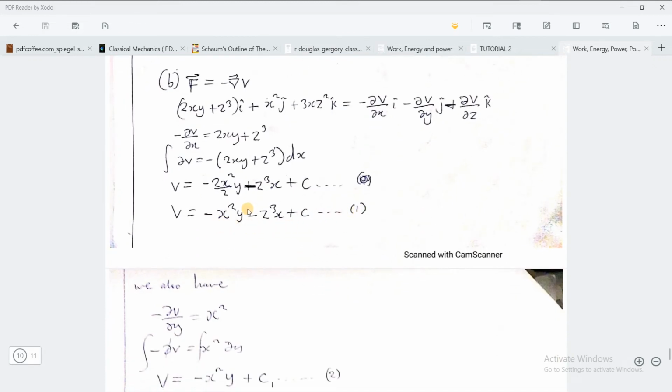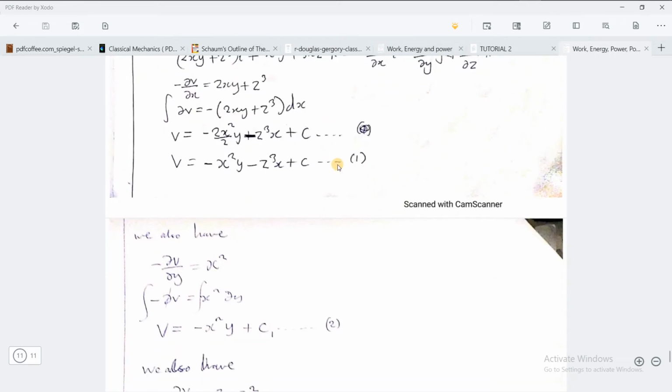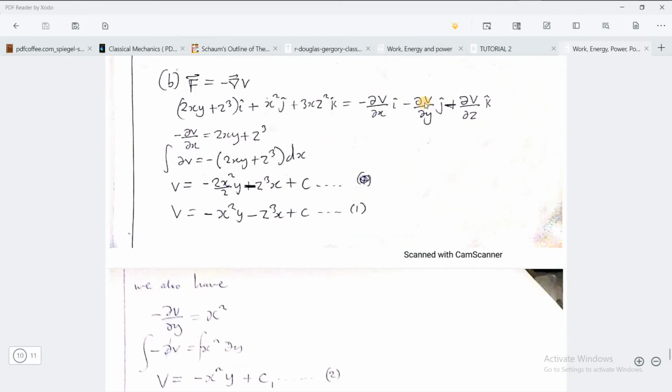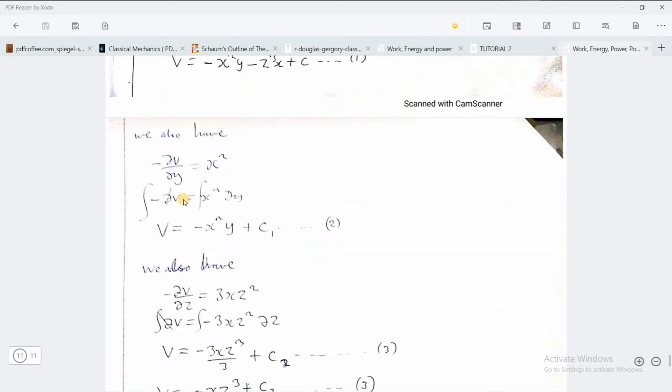After getting equation 1, we also get this part in y, which we equate to this, and we do the same process as we did on the first part. When we equate this to this, we get minus partial v over partial y being equal to x squared.